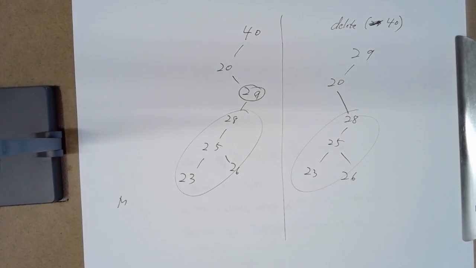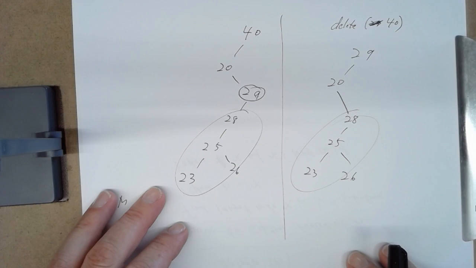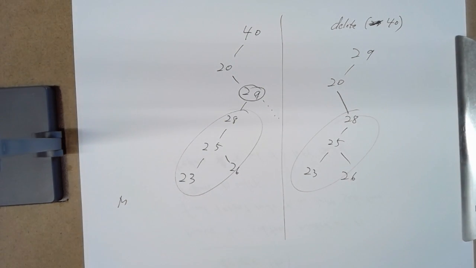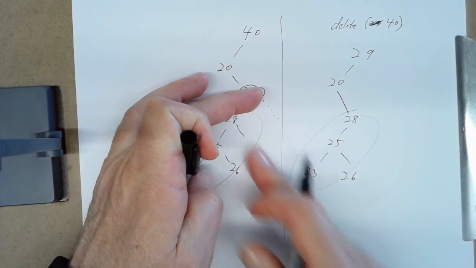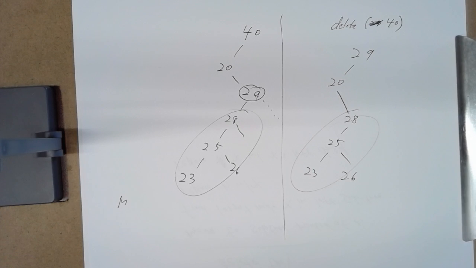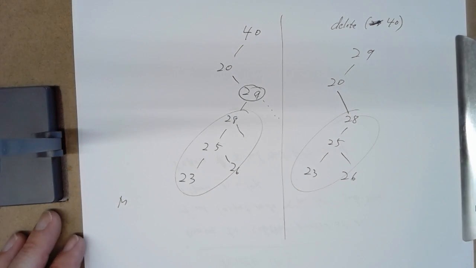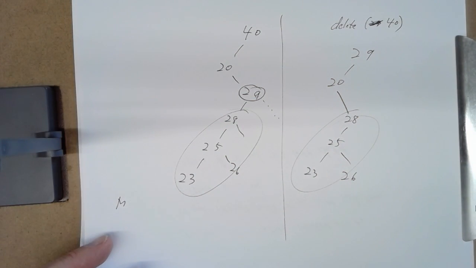And it's going to work because the largest node is not going to have anything to the right. Right? If it did, if there was something hanging off here, then we might not be able to move 28 up here because 28 might already have something to the right. But since we know 29 is the largest, it's only got stuff to the left. So if we move all that up in place of 29, we don't lose anything.